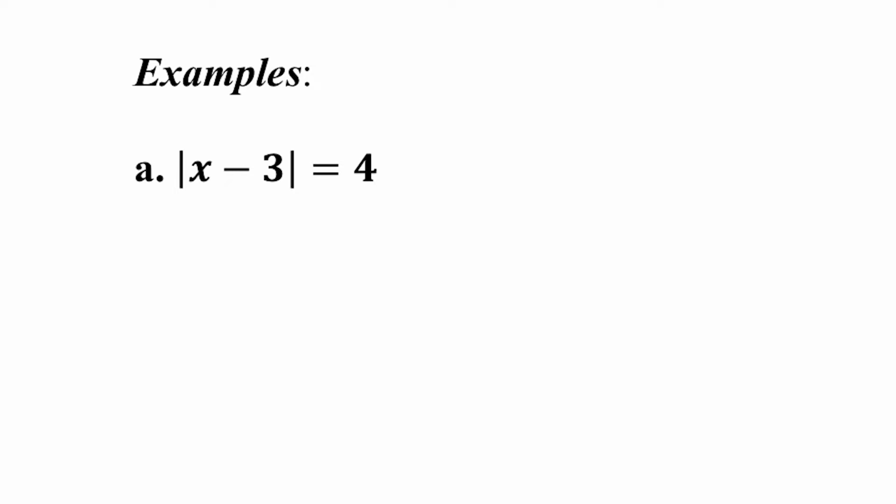So what this is saying again is my distance from 0 is 4. If my distance from 0 is 4, I've either gone 4 in the positive direction or I've gone 4 in the negative direction, and I'm at negative 4. So we have two equations we need to solve.